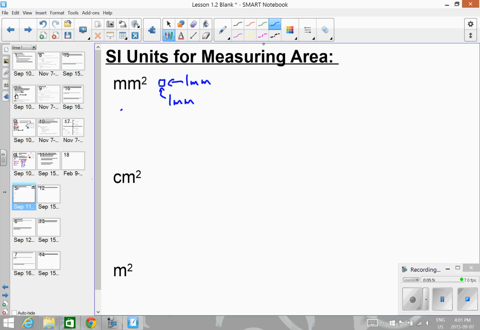So we use these for measuring itty bitty things. Some things we talked about last semester: you can measure bugs with them. We were saying that a pen point is about the same. Yeah, so anything that's very, very small. Now the next one that's a little bit bigger is a centimeter squared.